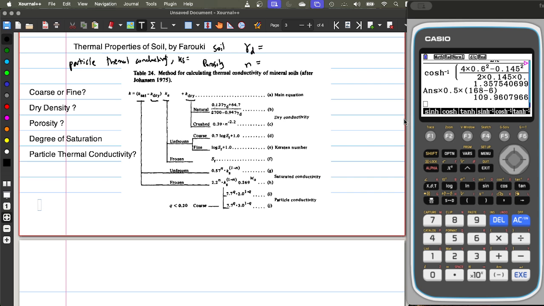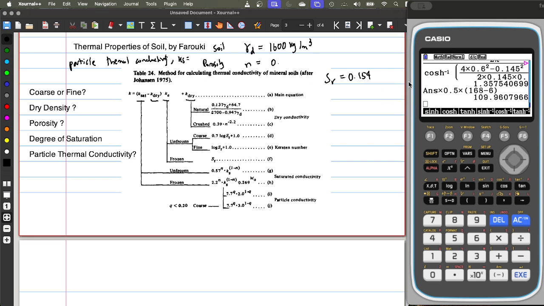Let's assume that for our dry density, it's a range between 500 and 700, so let's assume that it's around 1600 kilograms per meter cubed. The SR that we need is around 15%, so it's around 0.154 for SR. So degree of saturation around 0.154, which means 15%, which is for dry fine soil.